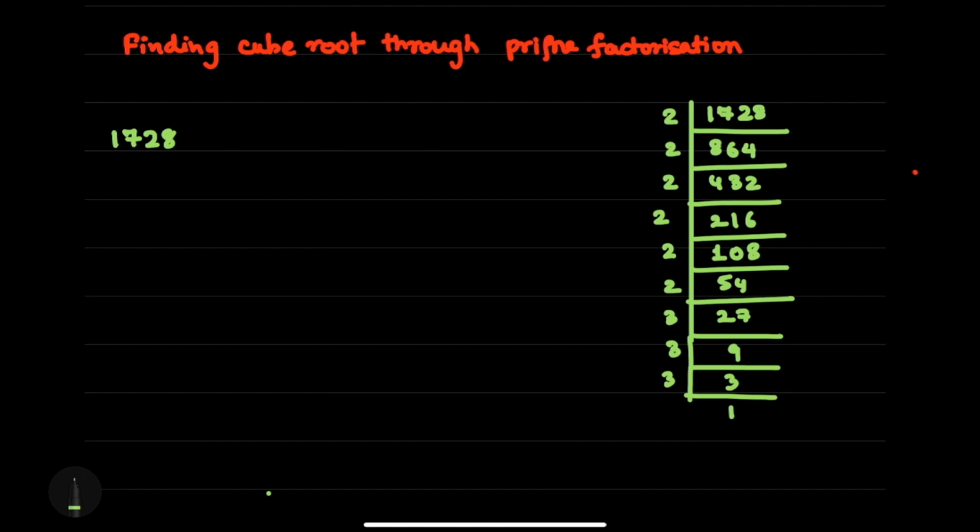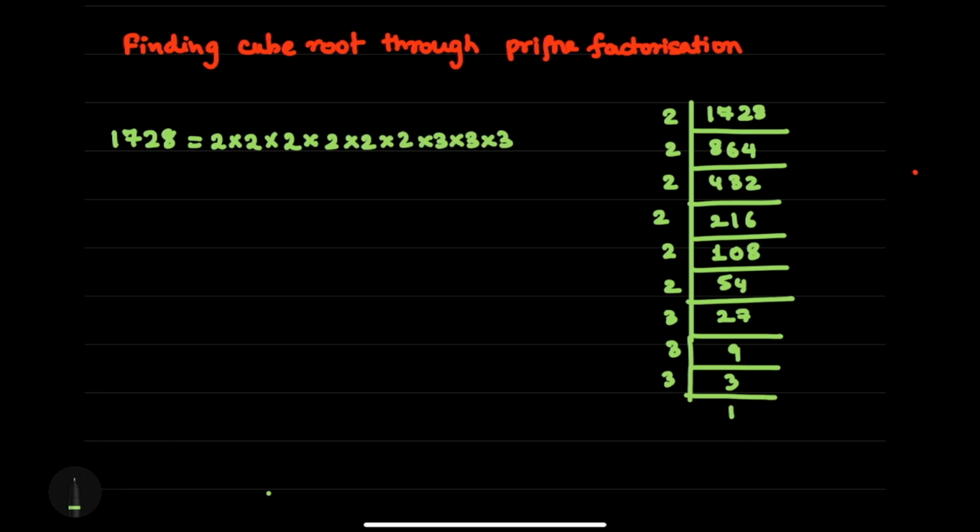And that's how our prime factorization is. Then we will break our number down into the prime factors. We have 2 into 2 into 2, and then another triplet, and then we have a triplet of 3.